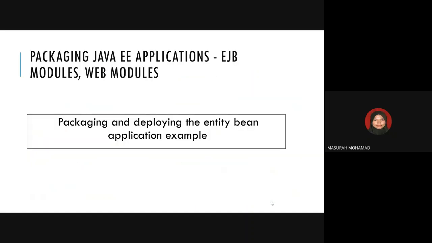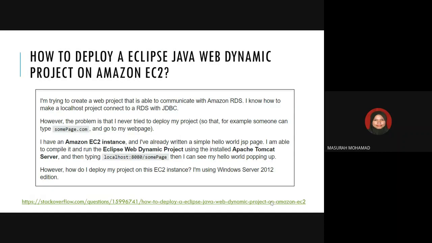Okay, packaging a Java EE application. This involves EJB modules and also web modules. Packaging and deploying the entity bean application example. So let's look at the example. In this case study, it wants to deploy an Eclipse Java Dynamic Web project on Amazon EC2.